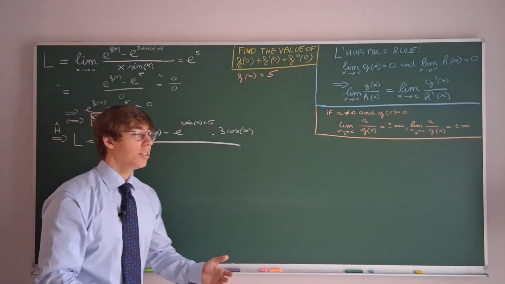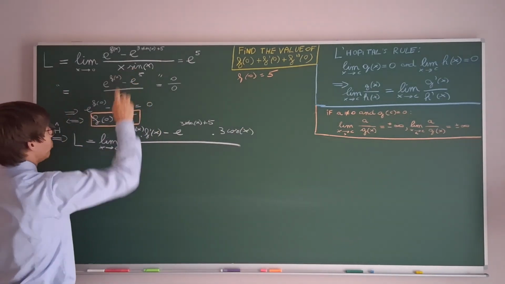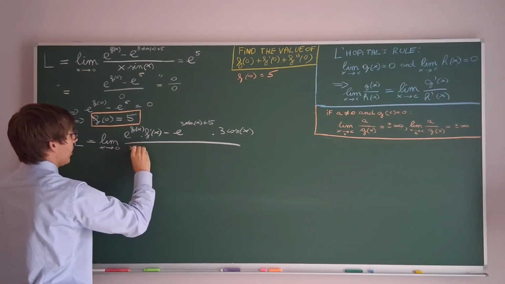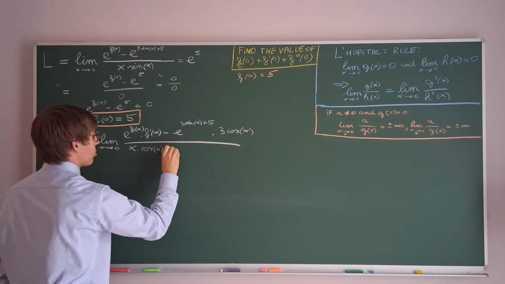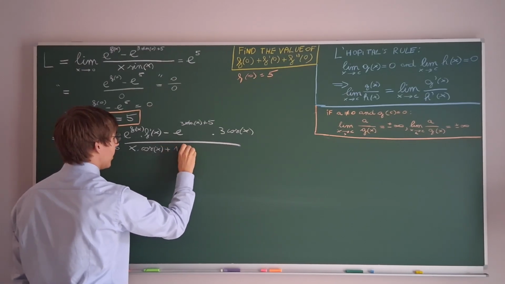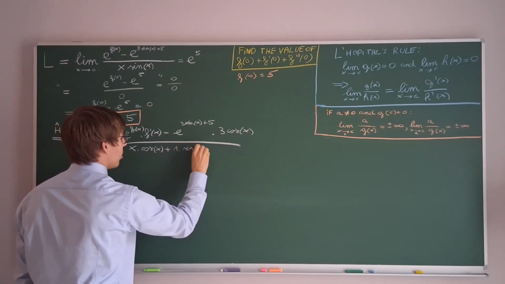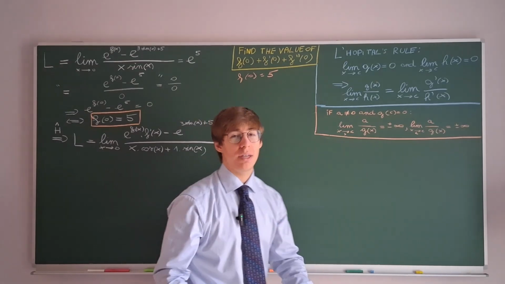And in the denominator, we get the product rule, which gives x times the cosine of x plus 1 times the sine of x. And these limits should be the same.